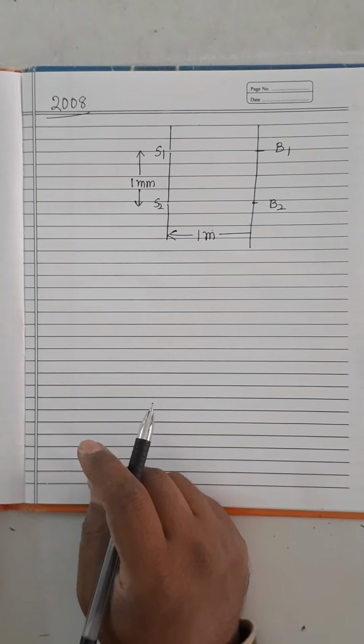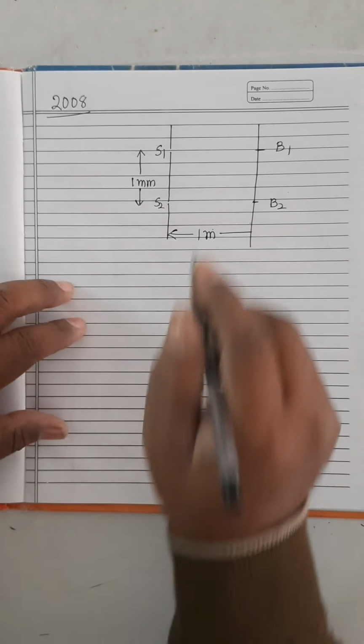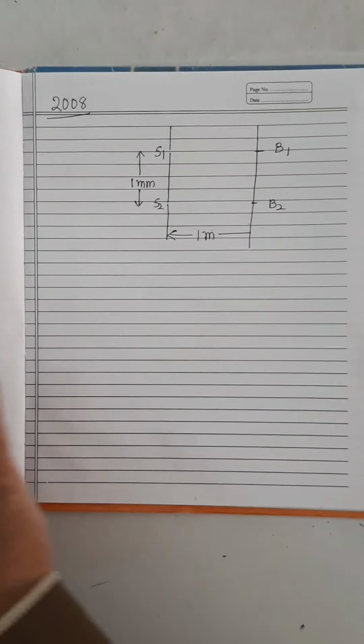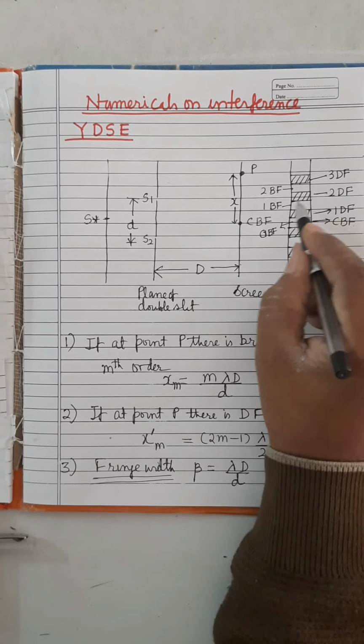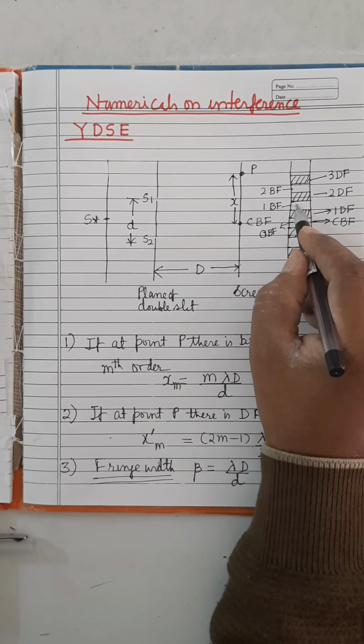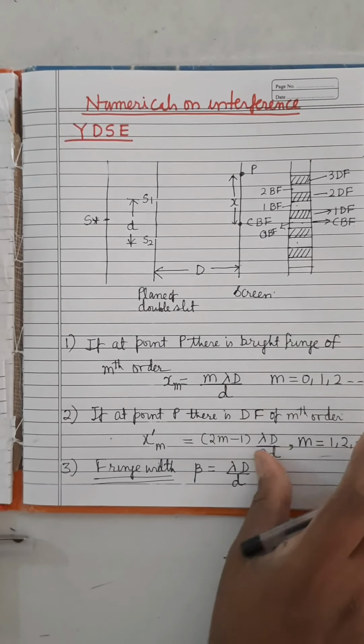So the figure shows the position of the first bright fringe B1 and B2 on either side. On either side means this is the central bright fringe, this is the first bright fringe in this side, and here this is the first bright fringe in this side, B1 and B2.